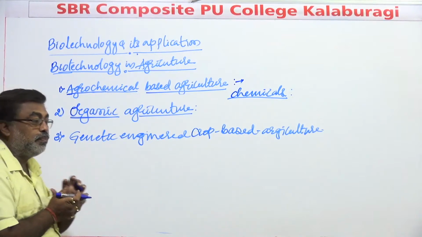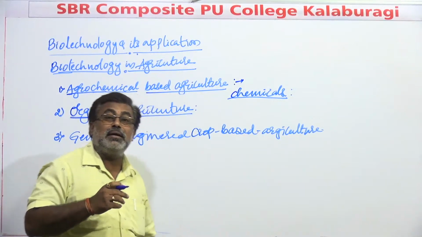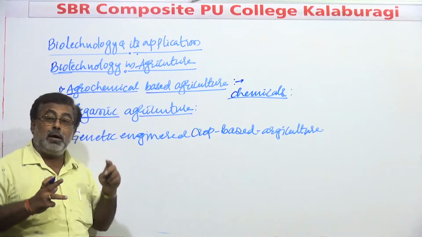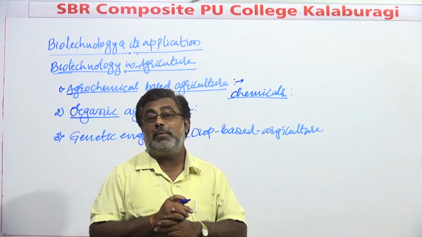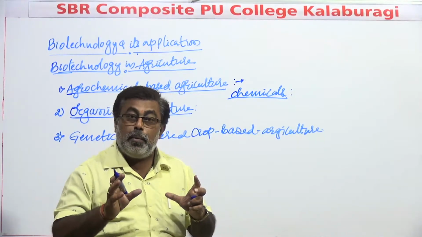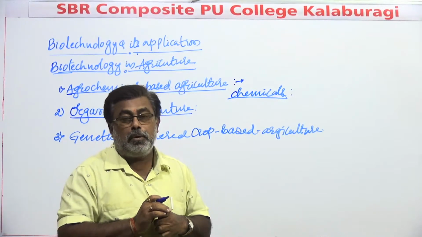By using agrochemical based agriculture as well as organic based agriculture, the yield of the plant is increased, but that is not sufficient for the growing population.